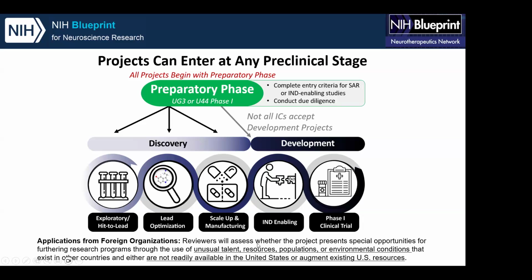But the reviewers will assess whether the project presents special opportunities for furthering research programs through the use of unusual talent, resources, population, or environmental conditions that just don't exist in the US. You need to recognize and explain why that would be. And it also goes to the review panel like that.